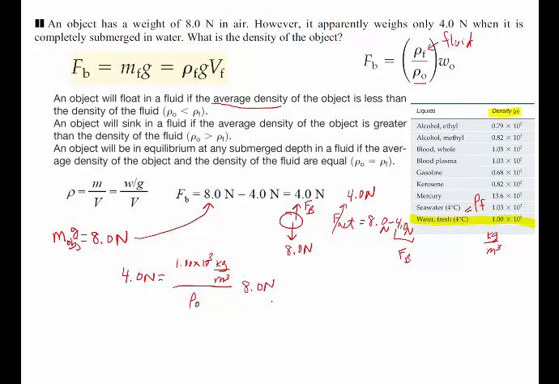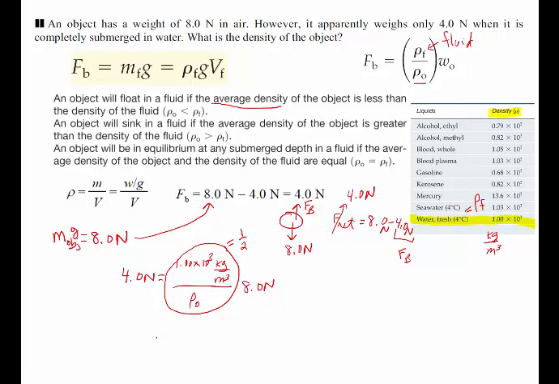And so we can see that just by looking at this, the density of our object must be twice as big as the density of water. How do I know that? This is why I wrote it this way. Because if 4 newtons is equal to this number times 8, then this ratio has to equal a half.